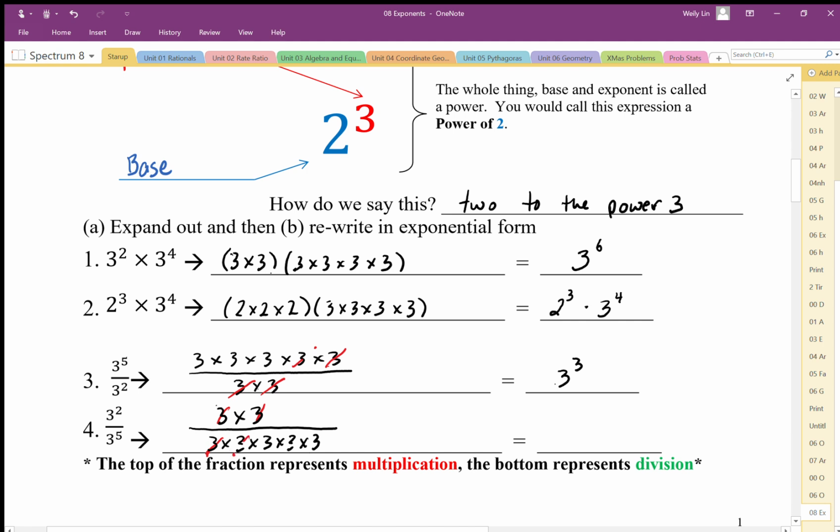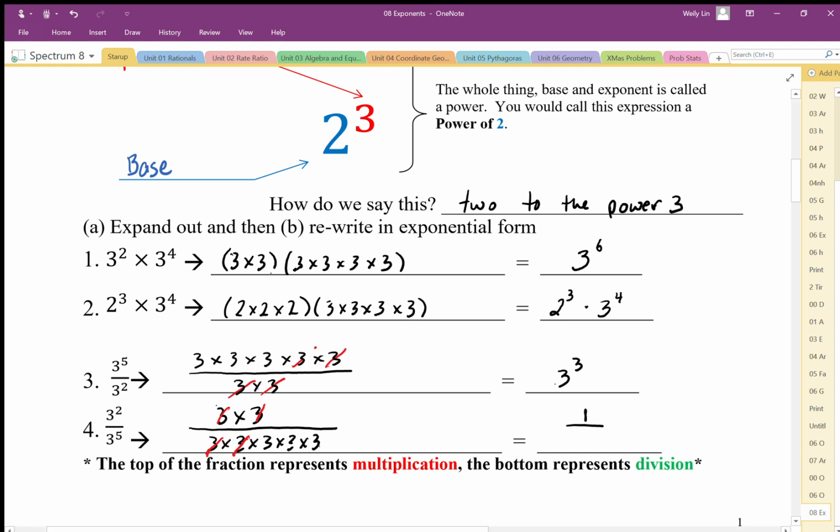Those will undo each other. Now, anytime you undo a times with a divide, you're always going to be left with 1. That's what we call the multiplication division identity. So on the top, we have 1. Okay, so we're not left with 0 on top. Anytime things cancel with subtraction, we're left with 0. But when we cancel with division or multiplication, we're always left with 1.